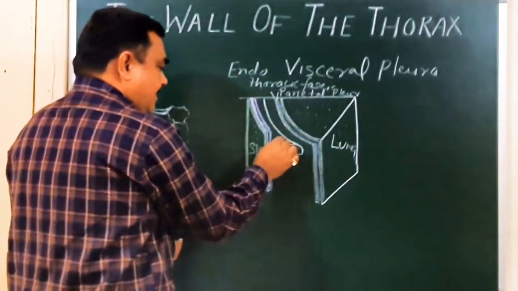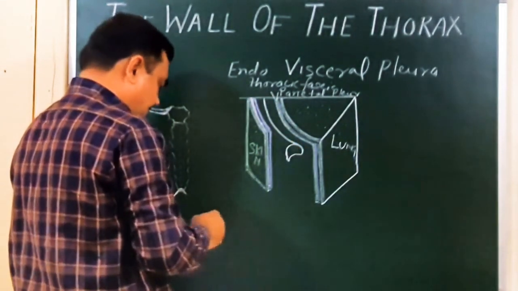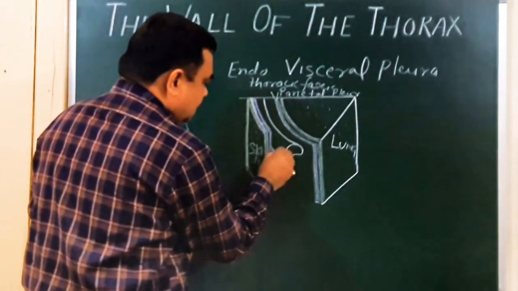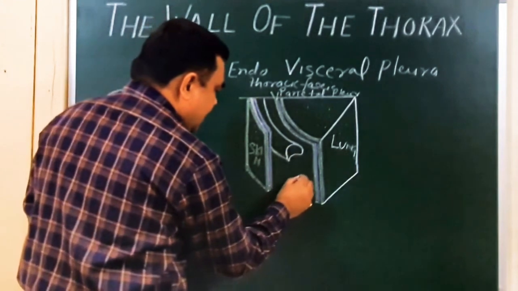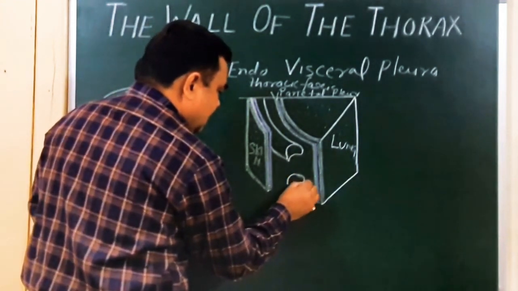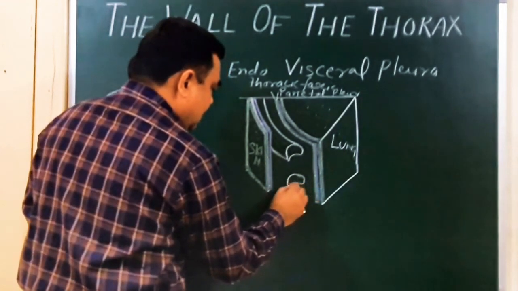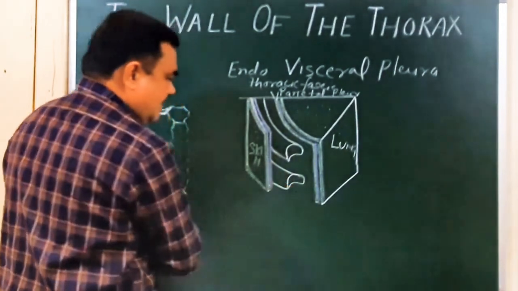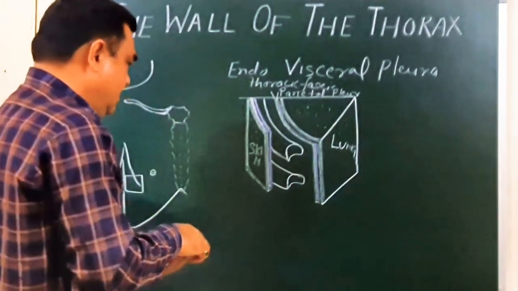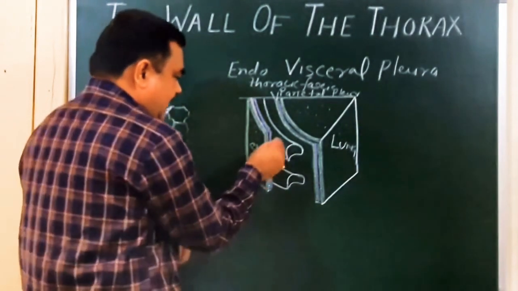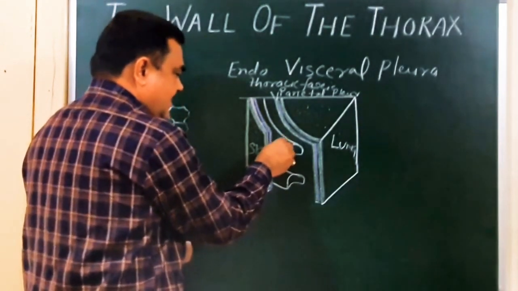Here is a rib. This is one rib, and another rib lies here. Here are some muscles.